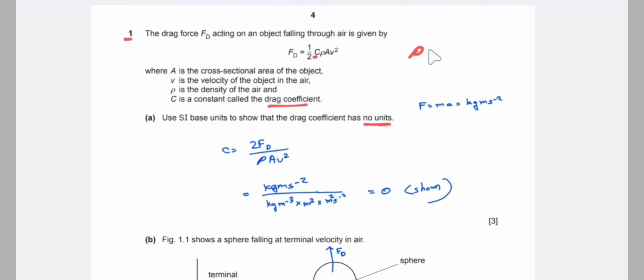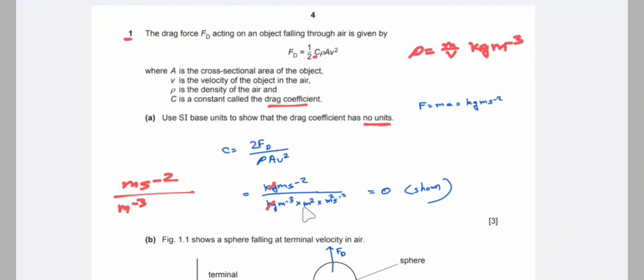For density, density is equal to mass divided by volume. Mass has a unit of kilogram and volume has a unit of meter cubed, and since it is divided, it is kilogram per meter cubed, or meter to the power negative 3. So kilogram and kilogram cancel. Then we have meter per second squared at the top divided by meter to the power negative 3.